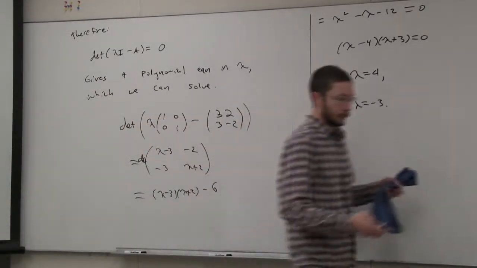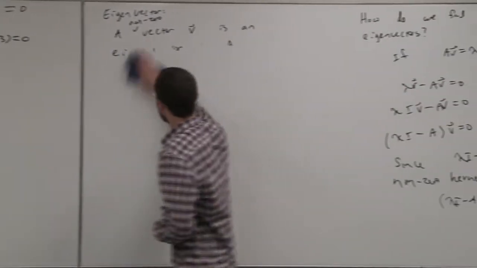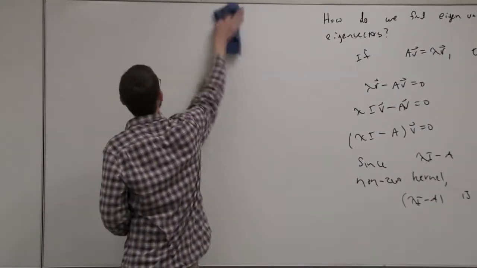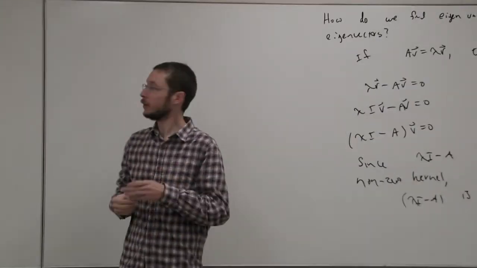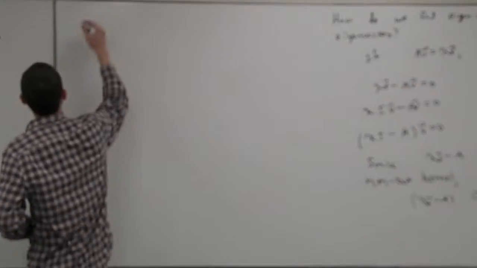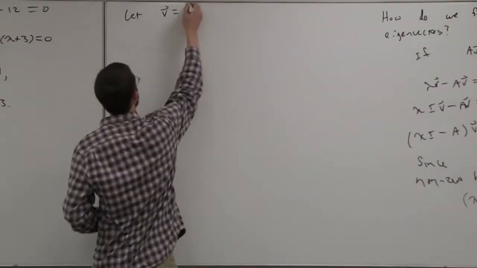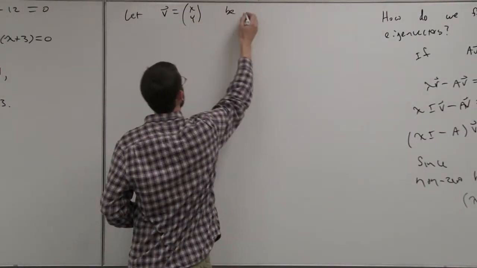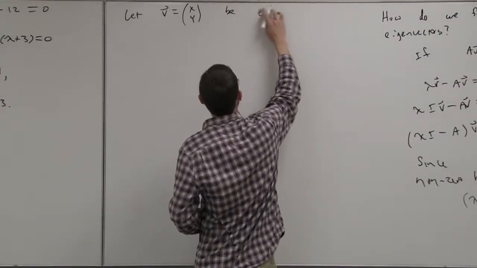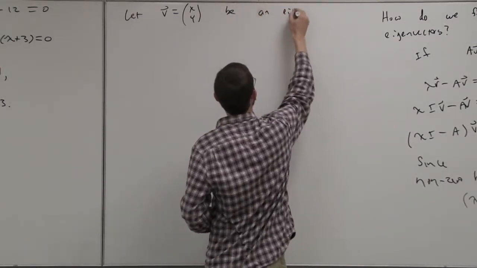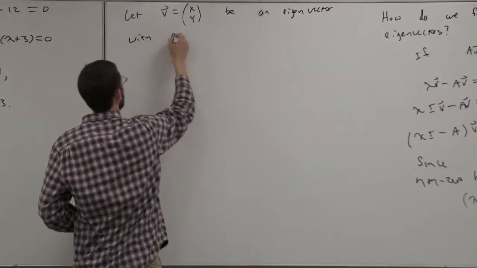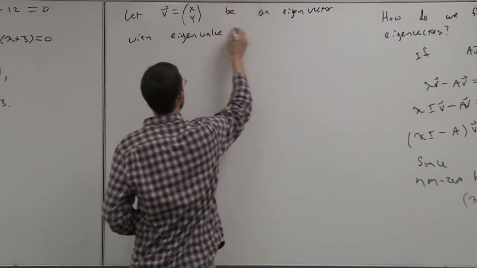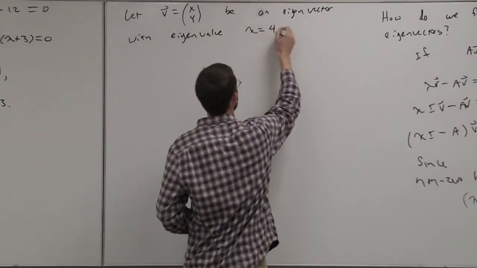And now, let's go ahead and let V be an eigenvector with one of these eigenvalues. So let V be an eigenvector with eigenvalue 4.